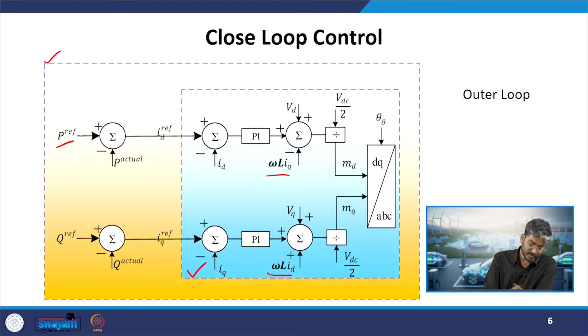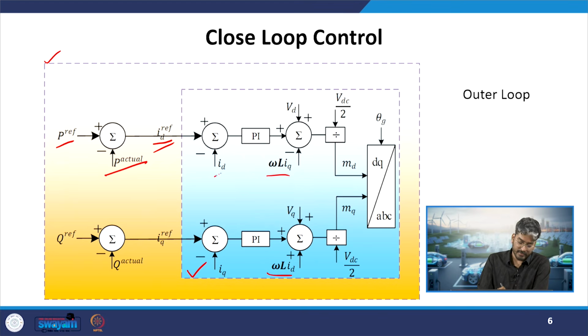If you see now, P reference is compared to P actual, where we are assuming that the D frame is responsible for active power flow control. So, here P reference has been compared with P actual, and the error will give us the required ID reference value.